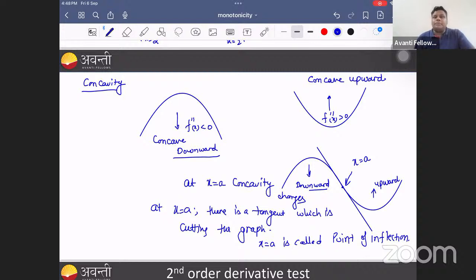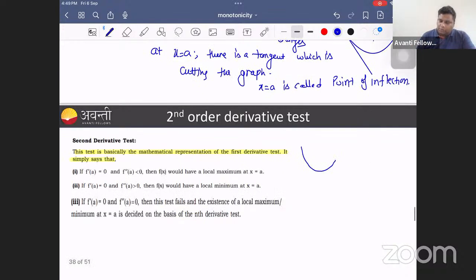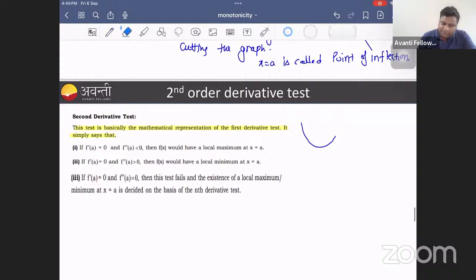But the reason for being non-derivable is what? Infinite slope. But yes, the tangent should be there. So if a tangent is there, this is what we call a point of inflection. Am I clear?